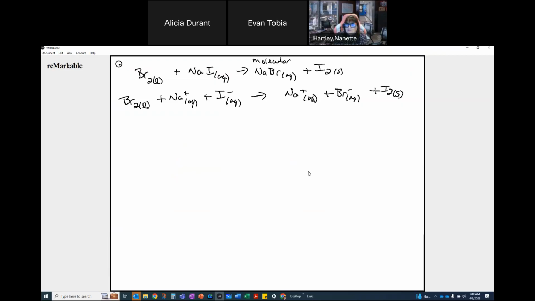So I could just put a 2 in front of the bromine on the product side. Well, okay. We're going to have to balance in the molecular part, and then whatever we do in the molecular is going to have to be reflected in the total ionic. So if you're looking at your Br2 liquid plus NaI aqueous going to NaBr aqueous plus I2 solid, that's the one you need to balance.